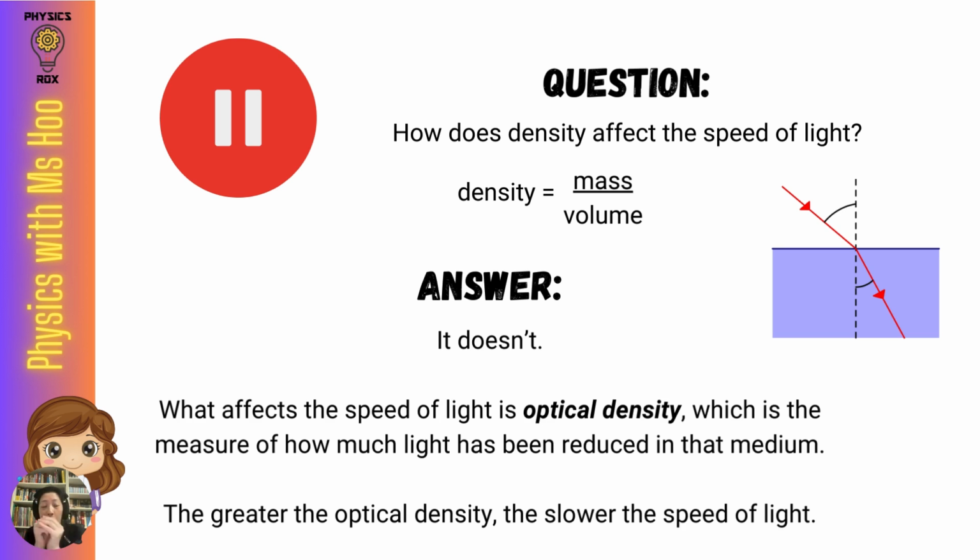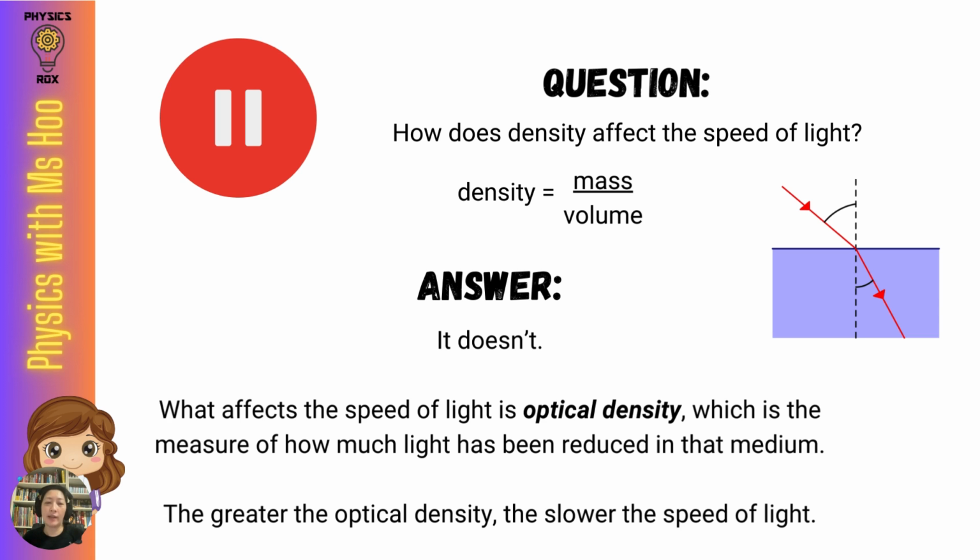Of course, the more particles there are, the higher the optical density. And then you think, if there's more material packed in that small area, would it be easier or harder for the light to travel through? Well, obviously, if there's more material, it's harder for light to travel through, right? So that slows the light down. That's why the greater the optical density, the slower the speed of light.